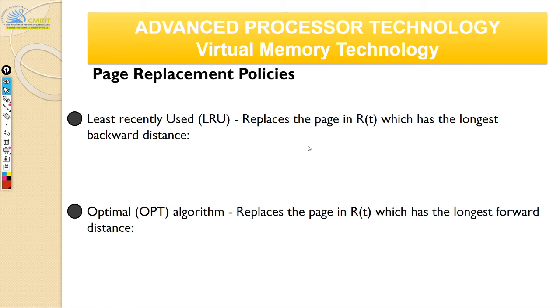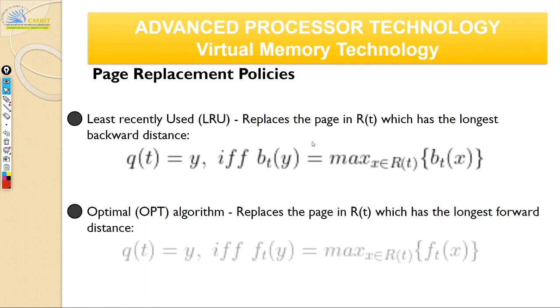Similarly, there's another called the optimal algorithm that replaces the page which has the longest forward distance. Formally or mathematically, you'll represent this using these two expressions. q of t is equal to y if and only if your backward reference, you take the maximum of your backward reference and that will be returned.